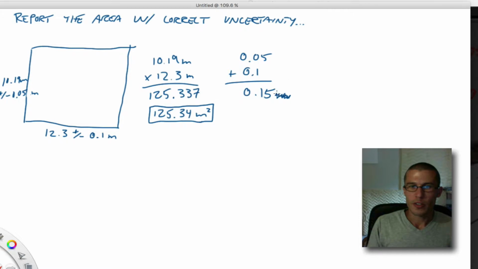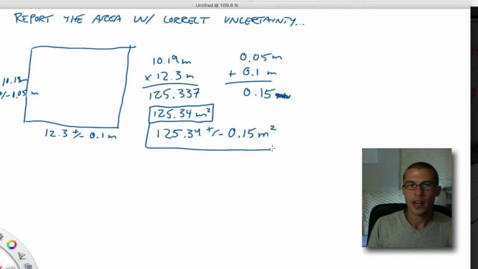Our units are in terms of meters, and in this case we're using meters squared, so it's going to be 125.34 plus or minus 0.15 meters squared. So that's going to be our final answer for this problem.